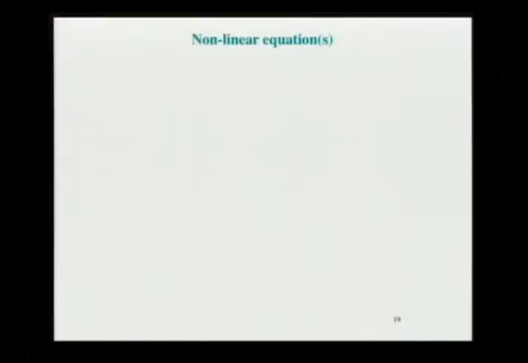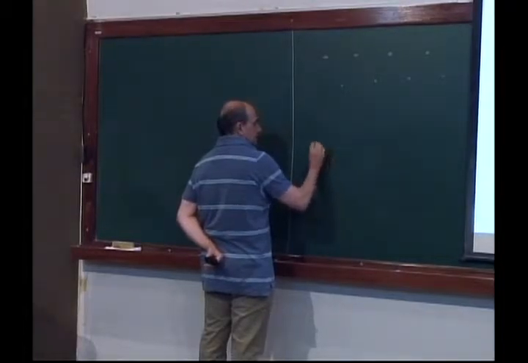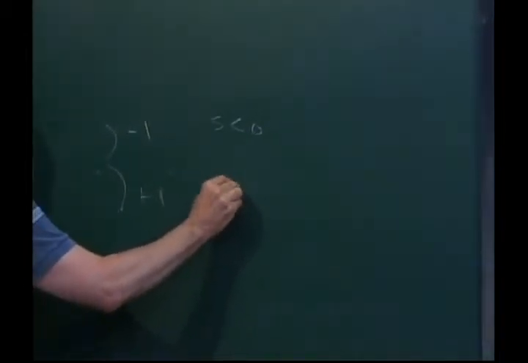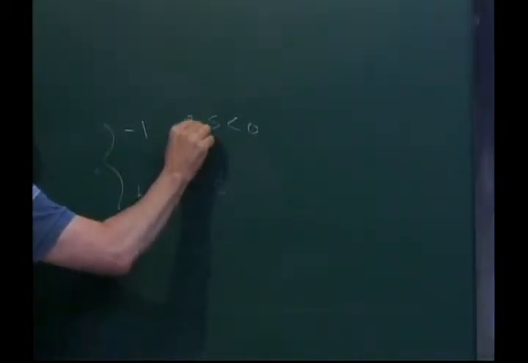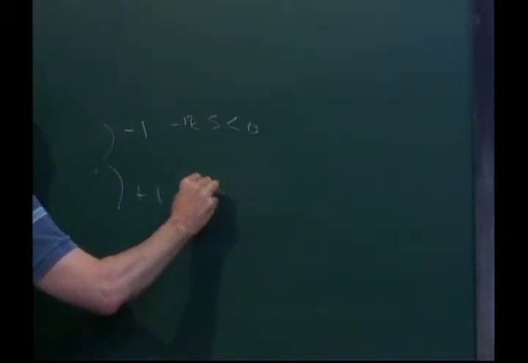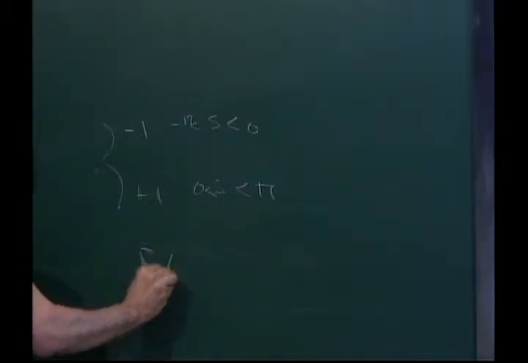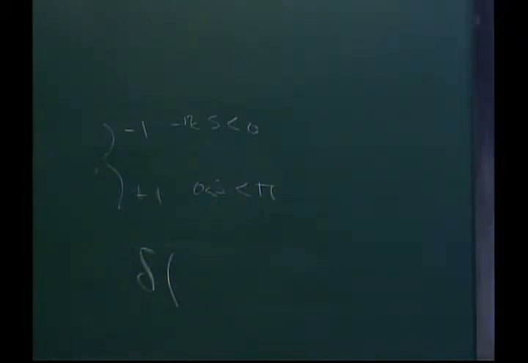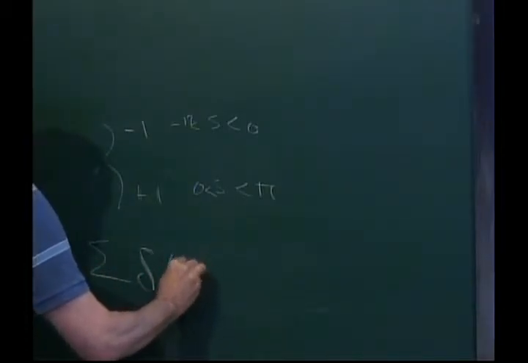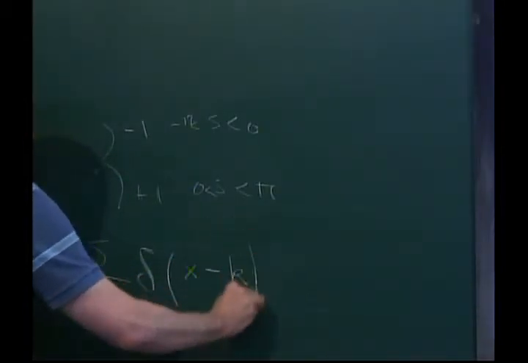Okay? So remember that at the linear level, I had 3 levels of regularity. I start considering the sine function. That means, say, -1 for s smaller than 0, and +1 for s bigger than 0, smaller than pi. But it turned out that to describe the Talbot effect, I had to consider the periodic delta.